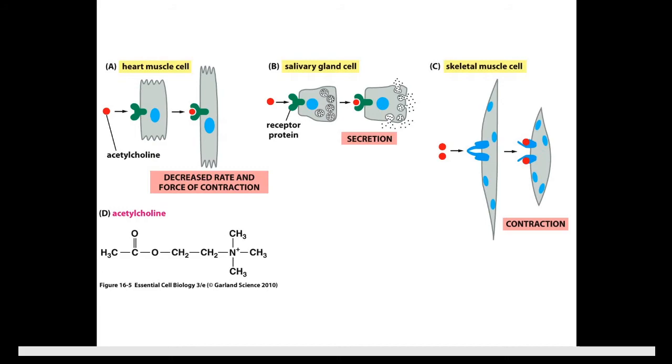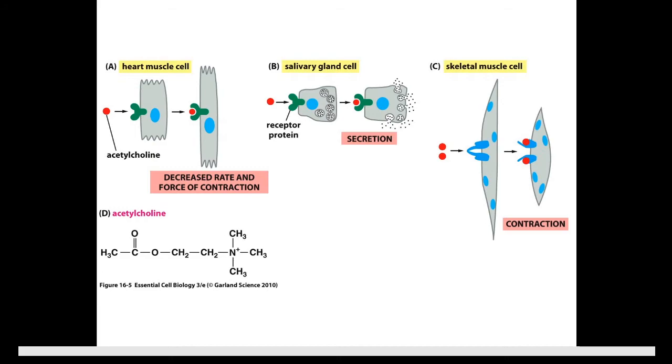Another thing is the salivary gland. The salivary gland has receptors on the cell surface. These receptors help to secrete internal cell compounds. Another is the skeletal muscle cells. Skeletal muscle cells are ion channel based. One function is secretion, another function is contraction.